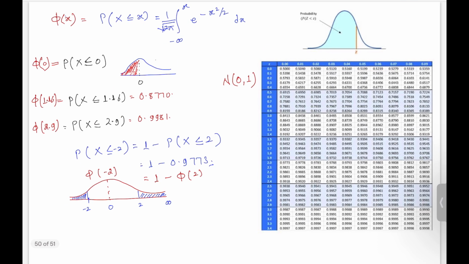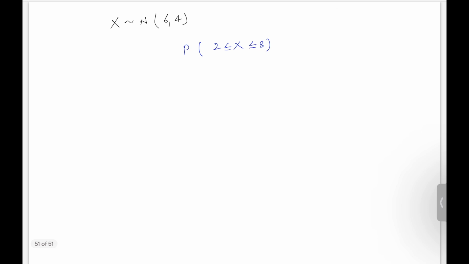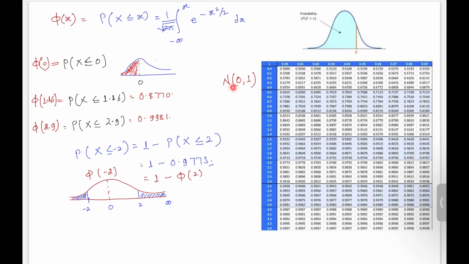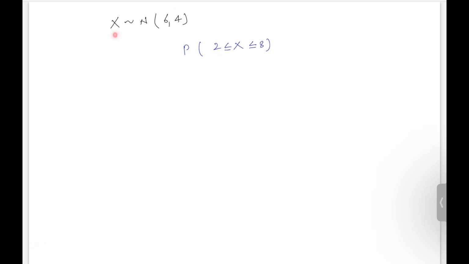And we are given this table of the standard normal distribution. So how can we use this table to find probabilities of any general normal random variable? The point here is that we just need to make this random variable a standard normal random variable.